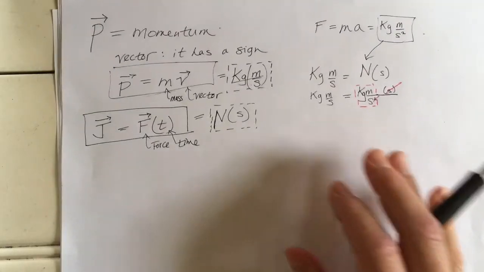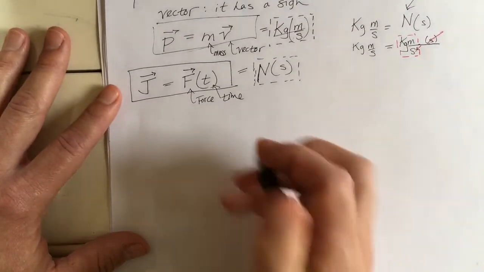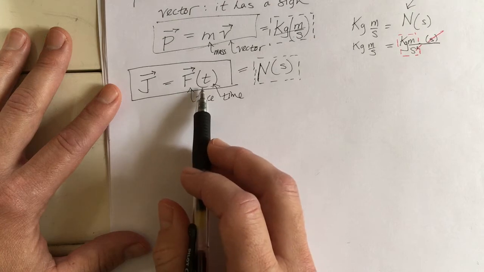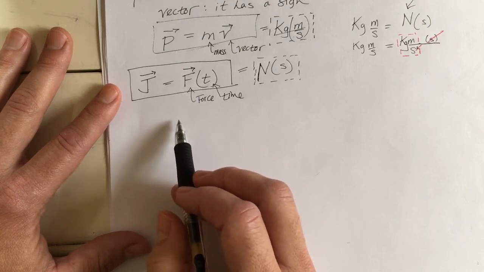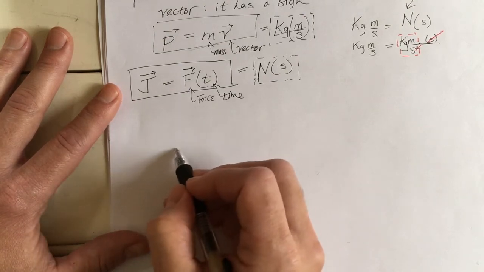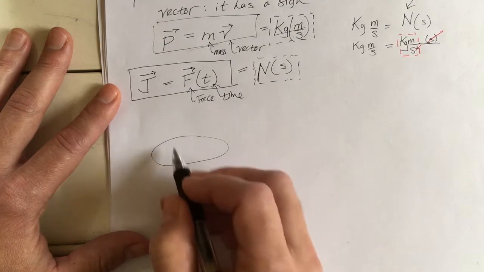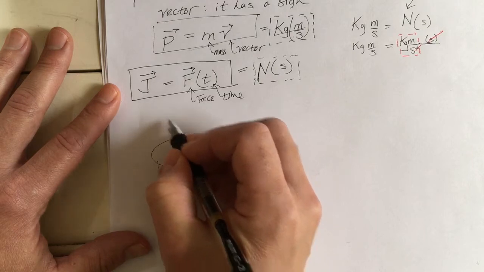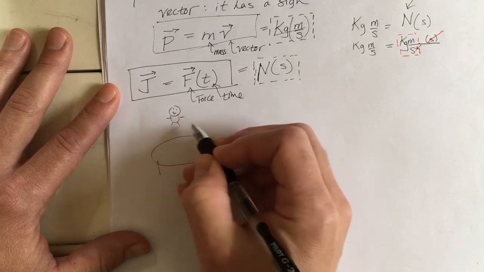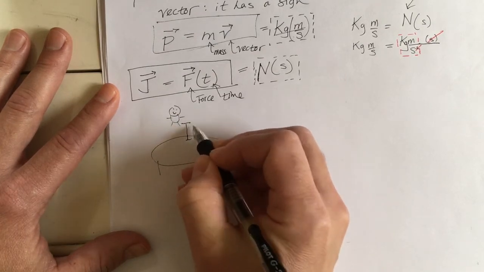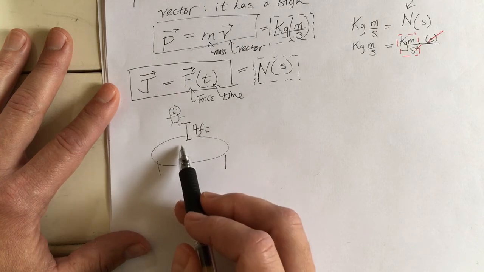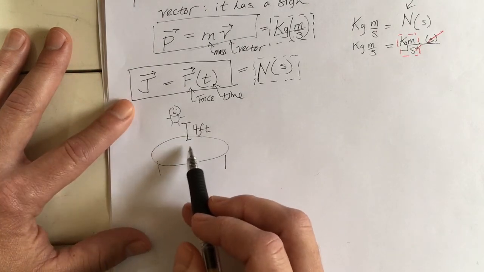Okay, I'm going to show you another formula, but before I do, one more thing about impulse. We can think about impulse with a trampoline example. If you jump on a trampoline and fall maybe 4 feet, that normally would be quite a jump to make if there was not a trampoline beneath you.